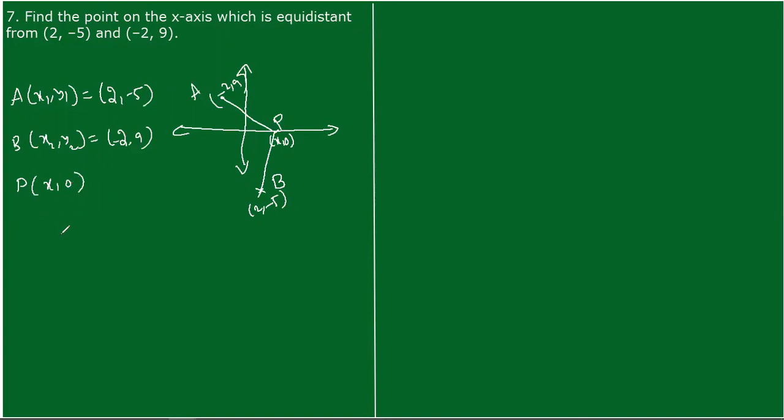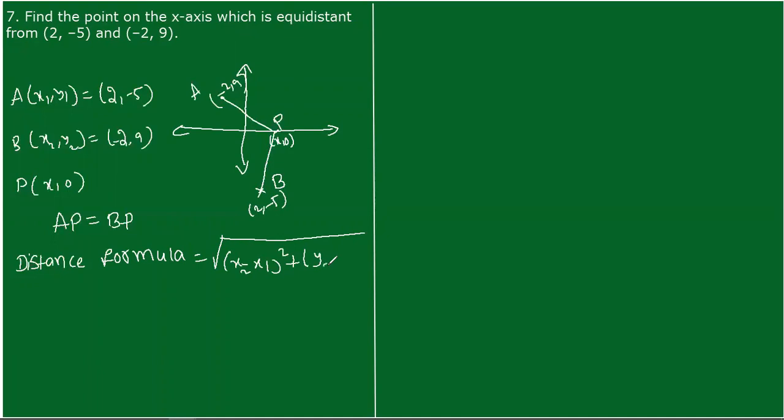So he gave one hint. The hint is AP is equal to BP. So here we have to use the distance formula. The distance formula is the square root of (x2 minus x1) whole square plus (y2 minus y1) whole square.